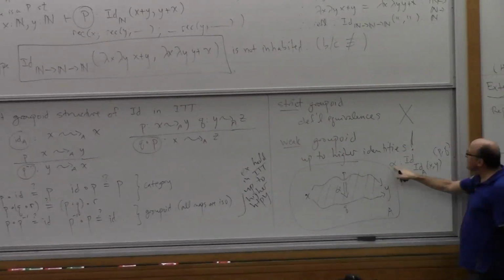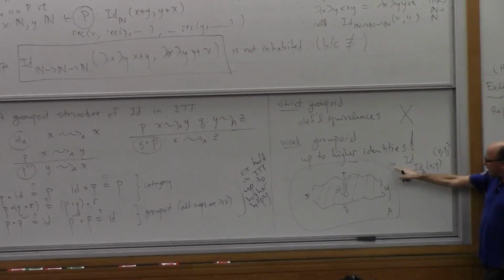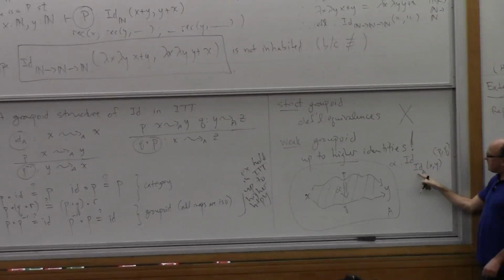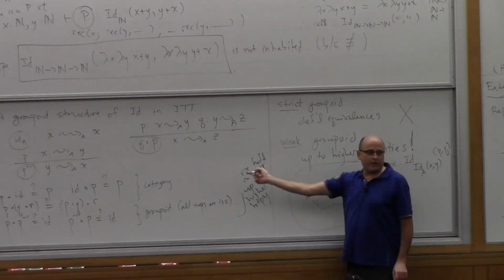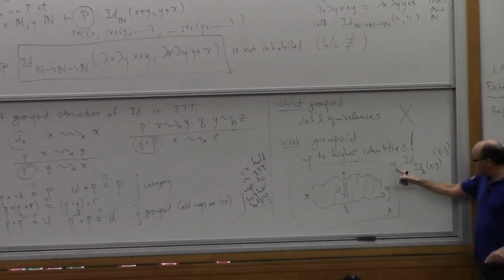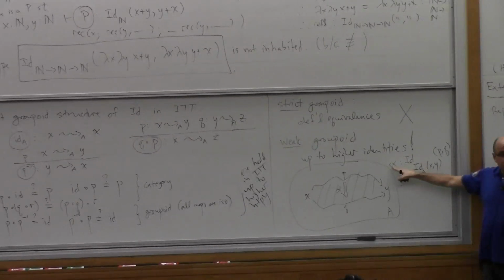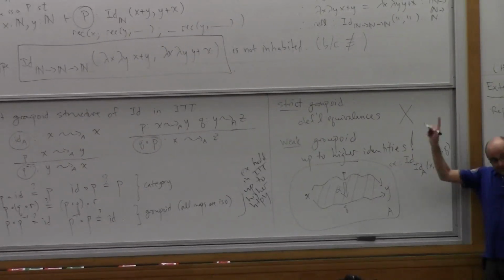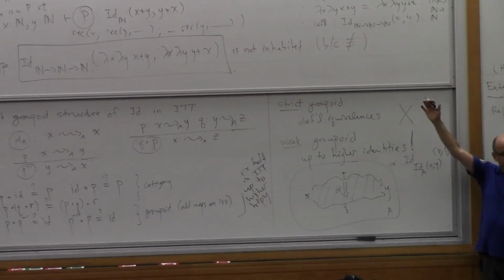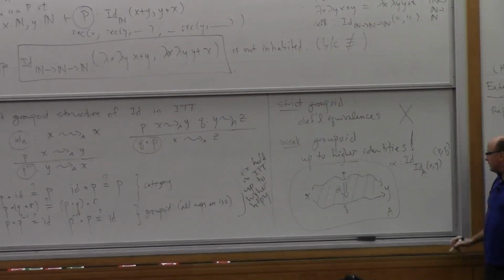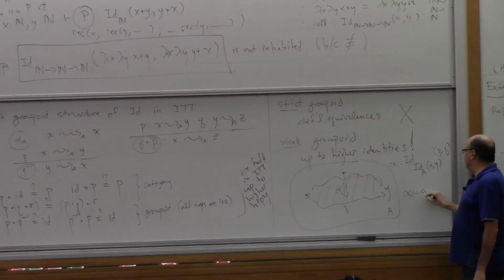In other words, you'll be able to exhibit identity alphas, which are elements of this identity type, which witness the required equations. Those proofs will involve further uses of trans and sym and subst and resp and so on, which will themselves be justified by an even higher identity. All the way to infinity. And that gives you the structure of what is called an infinity groupoid.